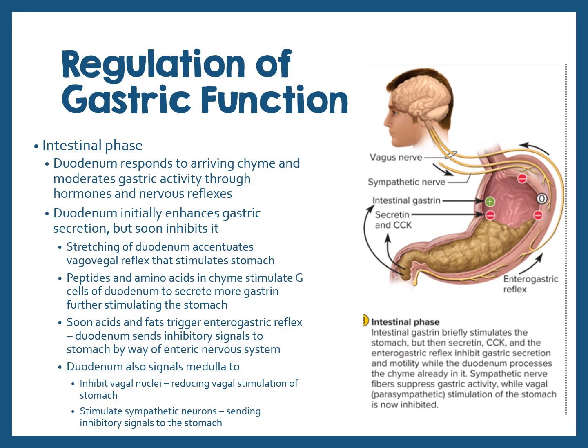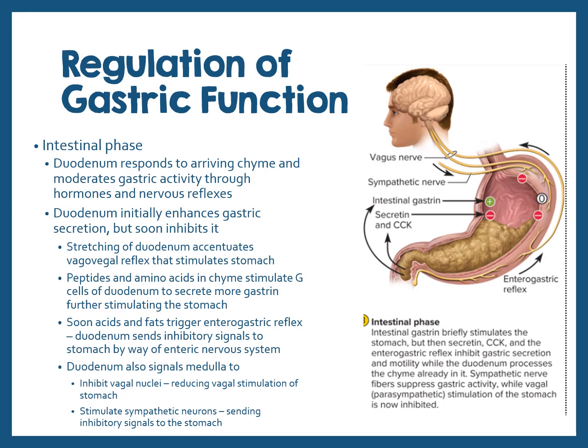Briefly, it's going to stimulate the stomach. The stretching of the duodenum will accentuate the vagovagal reflex that stimulates the stomach. The peptides and amino acids in the chyme will stimulate some G cells that are in the duodenum to secrete more gastrin that's going to further stimulate the stomach.